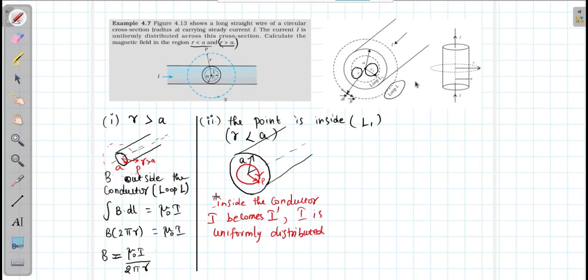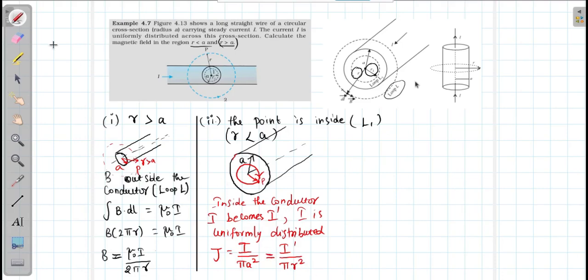It means the current density remains the same. On the surface, the current density is I divided by pi a square. In the interior, it is I dash divided by the area, pi r square.